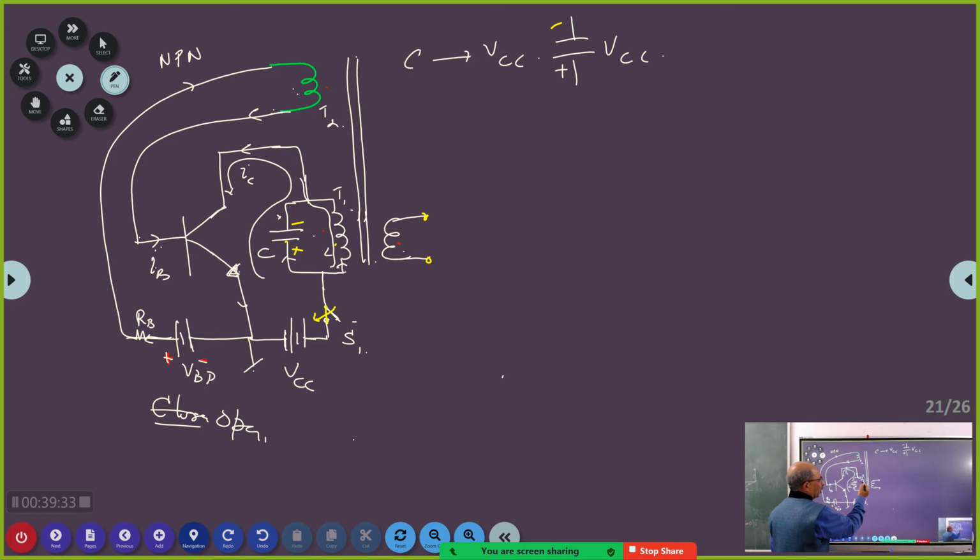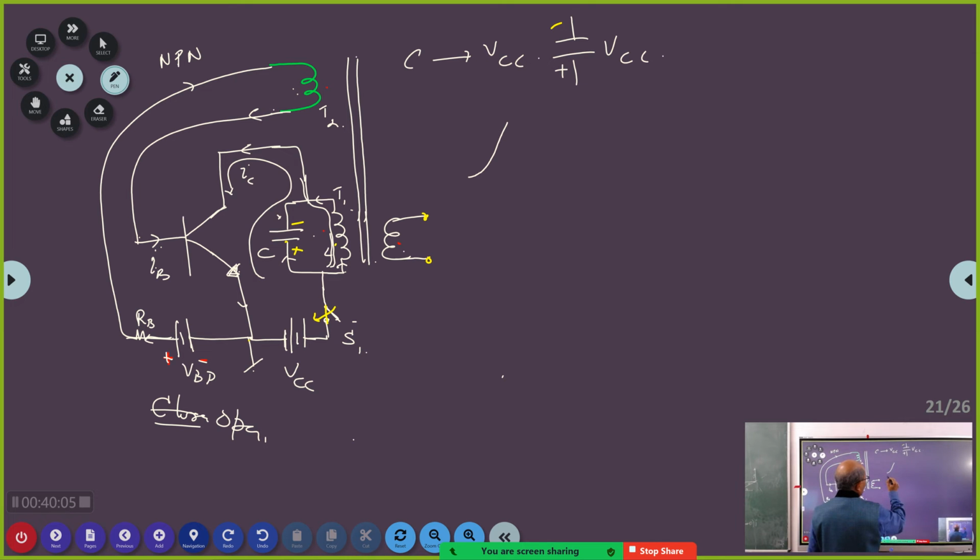Initially, current cannot rise instantaneously, so it will slowly start flowing. Initially there is one rush of current, but then the inductor says, "No, I will release the current, but slowly." So current will start coming out of it slowly. That means the current through the inductor will start rising like this.